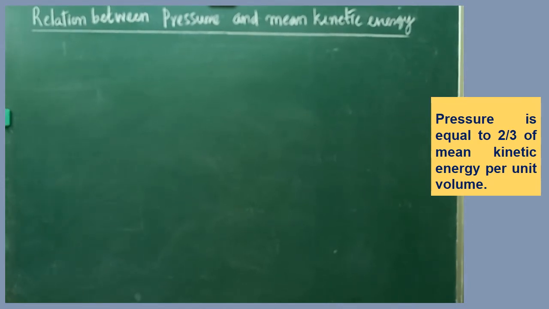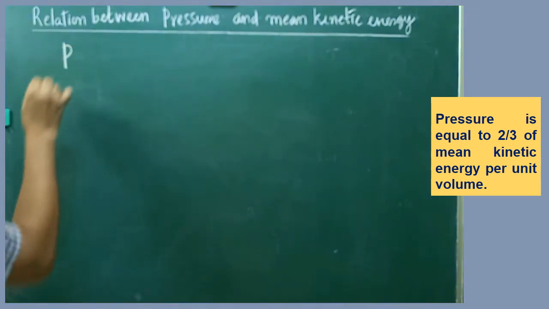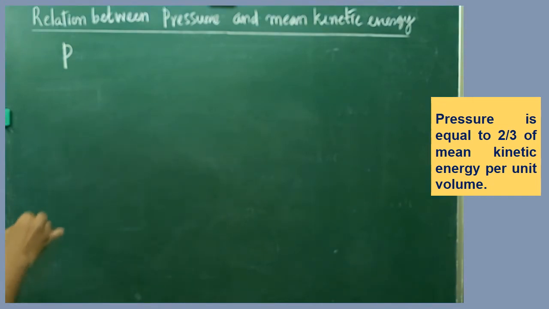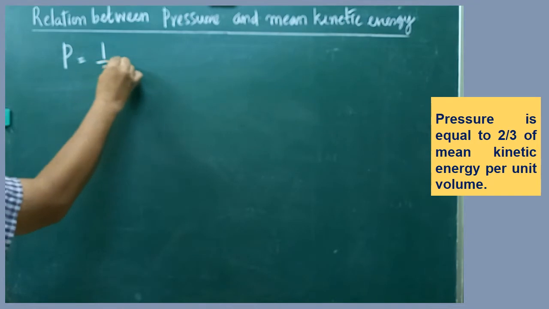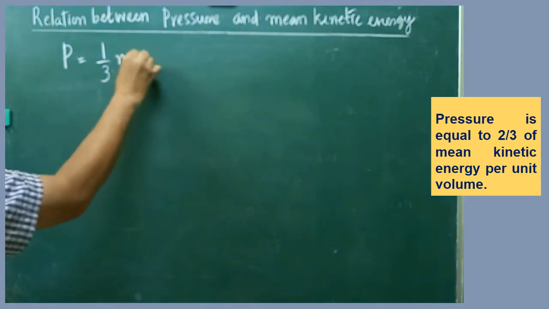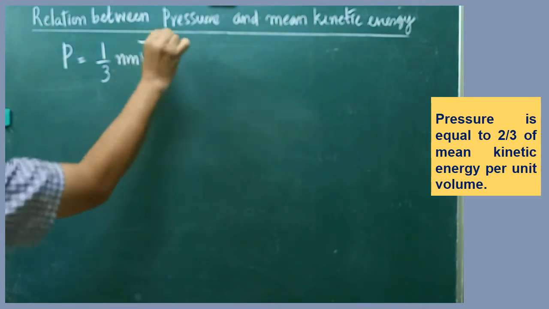Now we are going to derive the pressure in terms of average kinetic energy per unit volume. How to start with? In the beginning of the lesson, we derived the expression for pressure of the gas. Pressure is equal to 1 by 3 n m v square bar.